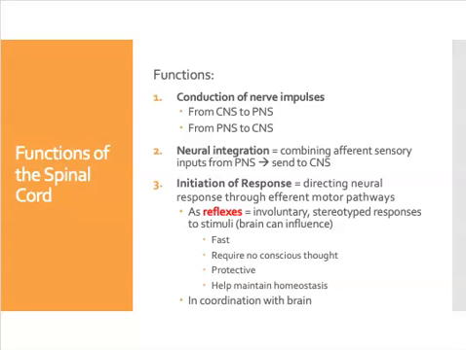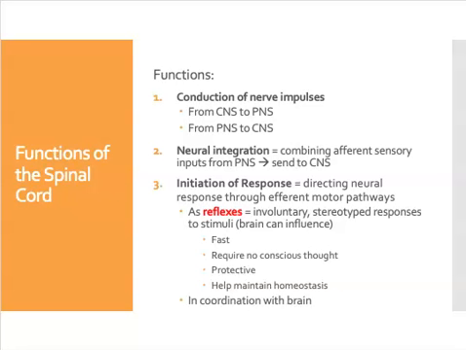The second function that the spinal cord provides is integration of nervous impulses. It's receiving a lot of afferent sensory input from the peripheral nervous system, and so it has to integrate that information before that information gets reacted to or even sent up to the brain. Third on the list of functions is initiation of a response.